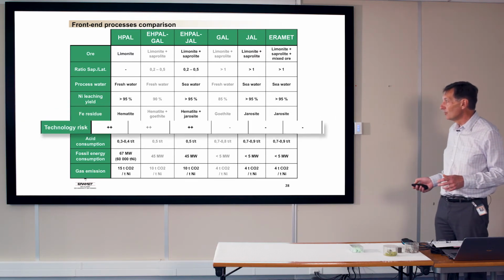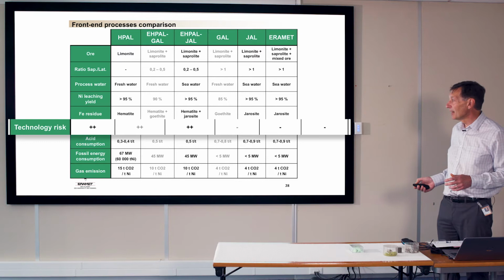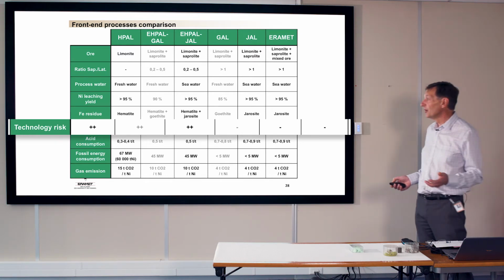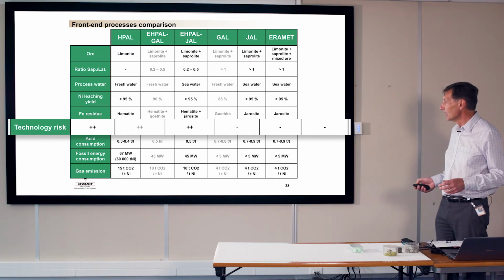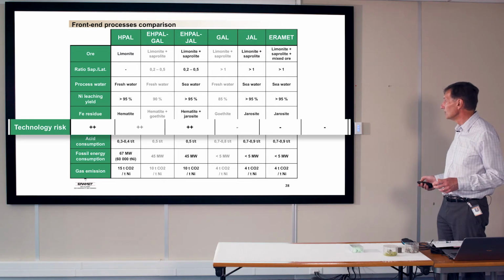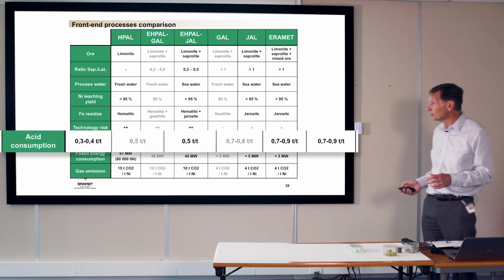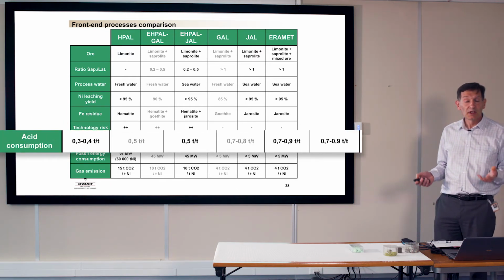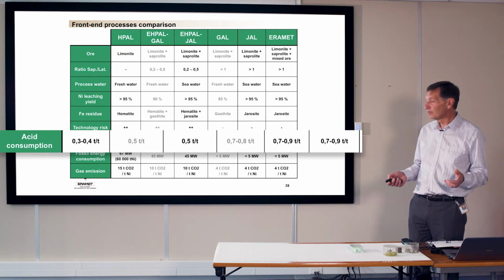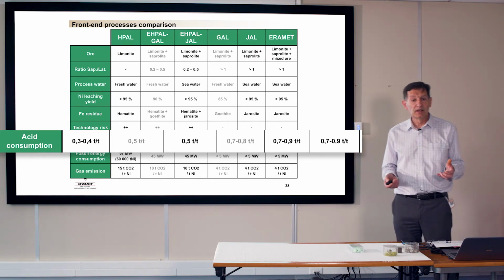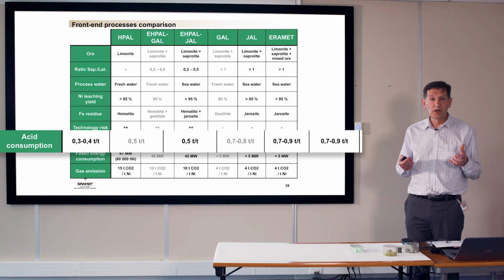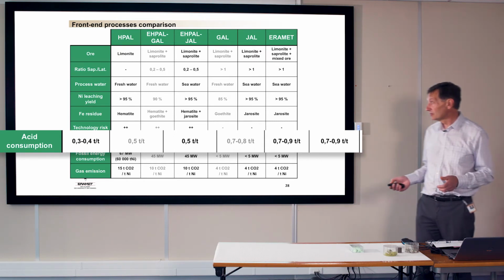Technology risk is very high for HPAL due to the fact that you use very high pressure acid leaching, and this risk decreases when you are with atmospheric leaching processes. Acid consumption is very important because in such processes the cost is mainly due to the reagent consumption and the acid consumption.